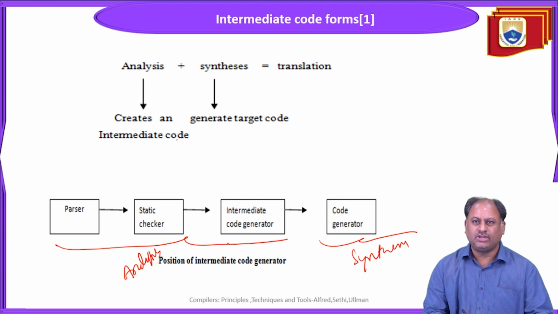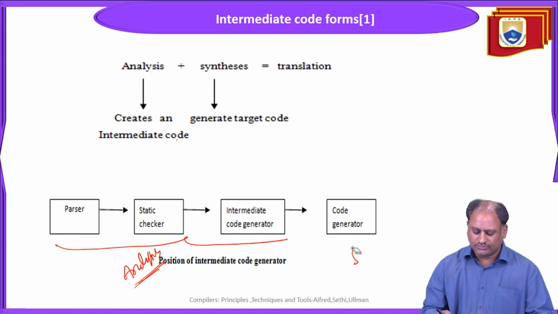From the first phase to intermediate code generation is the analysis phase, where it creates intermediate code, whereas the parts after it, code optimization and code generation, come under the synthesis part, which delivers the target, that is, the real object code.